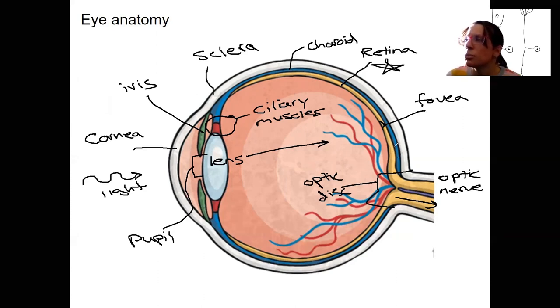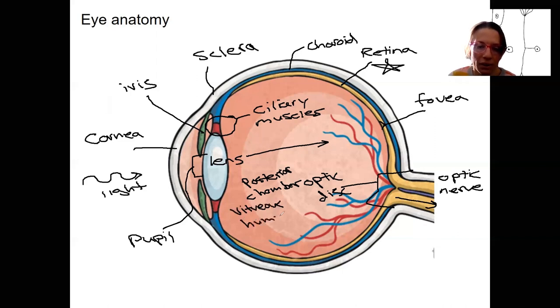Let's see, a couple more terms here. We've got a couple of chambers here, right? So the eye is full of fluid. This is the posterior chamber, which is full of vitreous humor. That humor is a liquid.